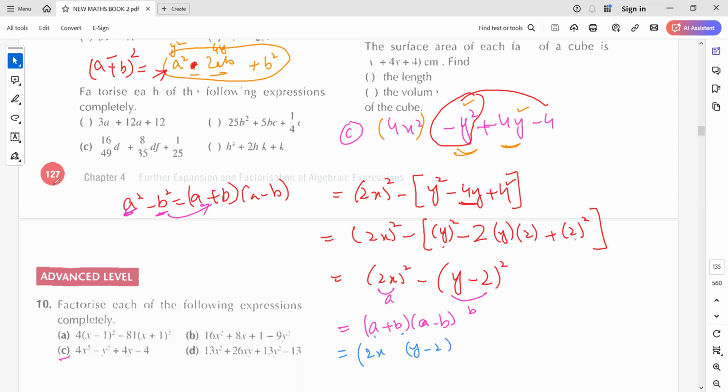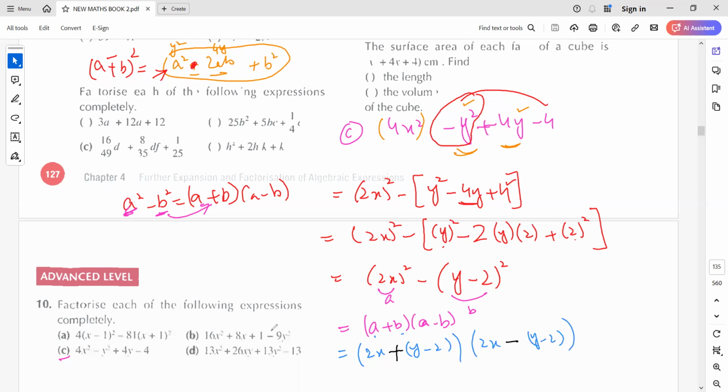In between, I need a plus sign, then 2x and y minus 2, this time with a negative sign in between, so that a plus b times a minus b is completed.